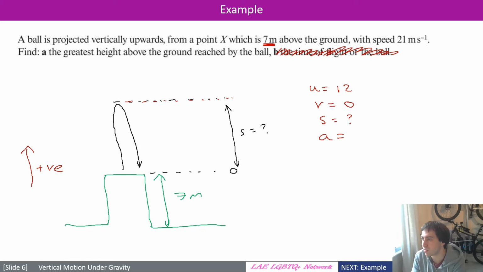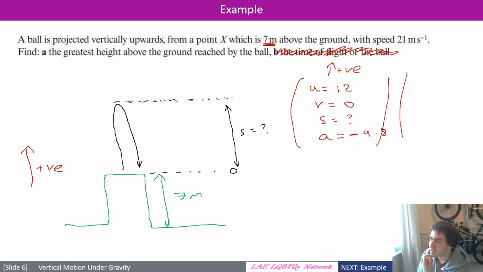We've got to be careful here. It is 9.8, but it's negative 9.8. The reason it's negative is because I said take up as positive, and gravity always acts downwards. So the acceleration is minus 9.8. It's 9.8 going downwards.